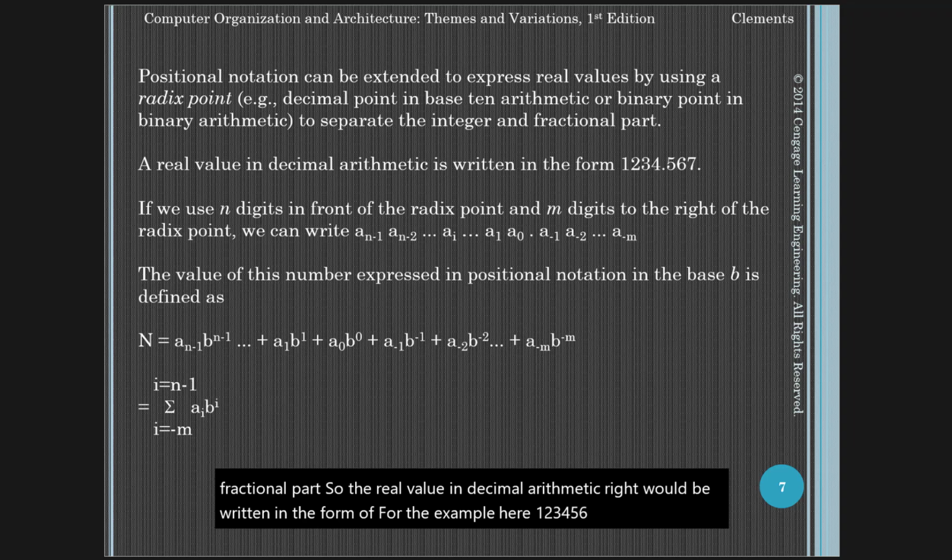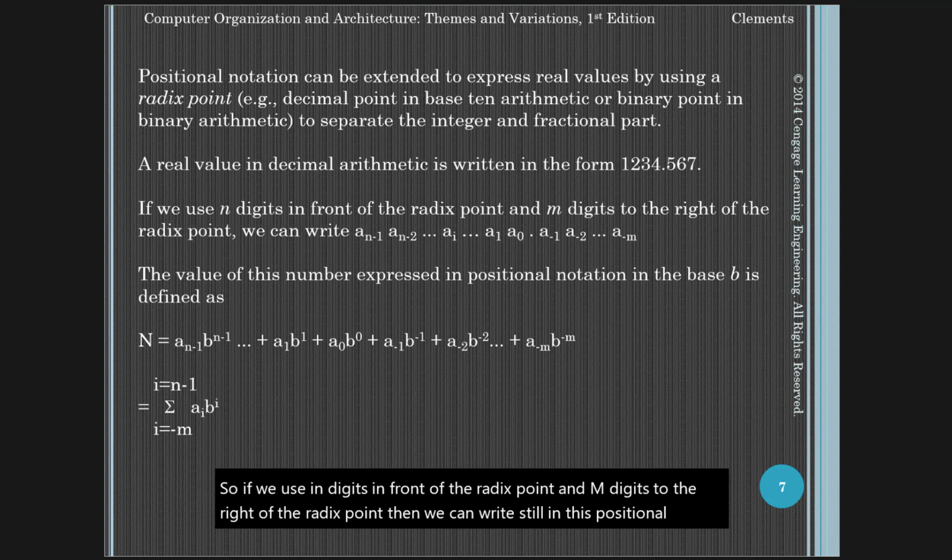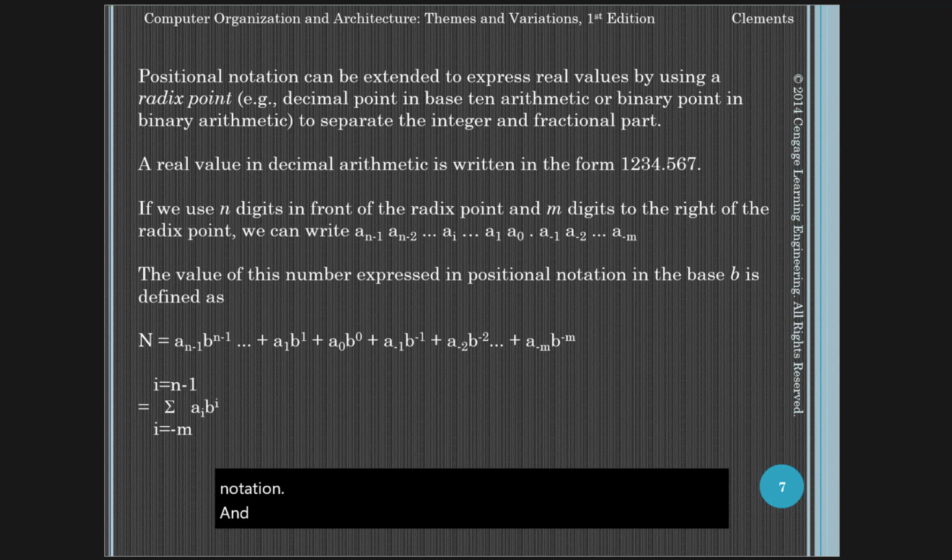So if we use n digits in front of the radix point and m digits to the right of the radix point, then we can write still in this positional notation and express the value of the number in the base of whatever b is defined as.